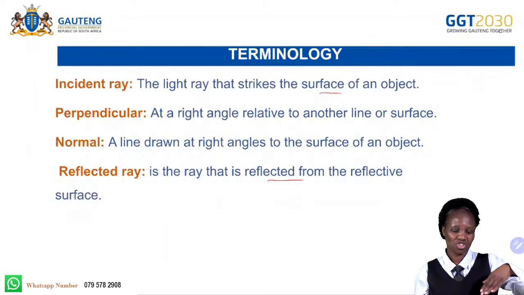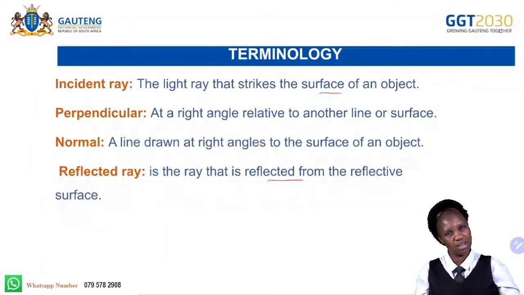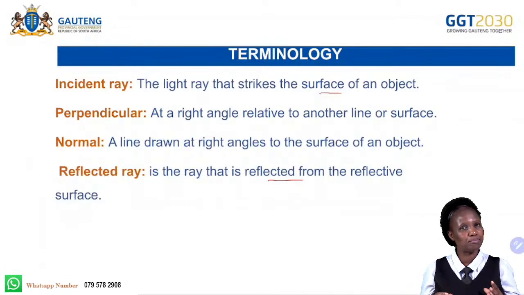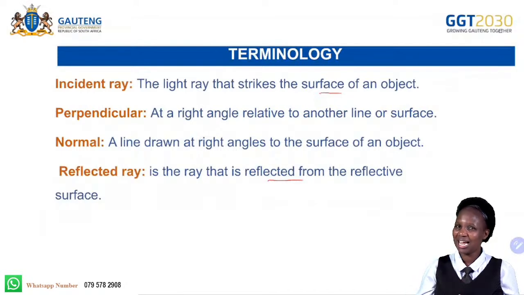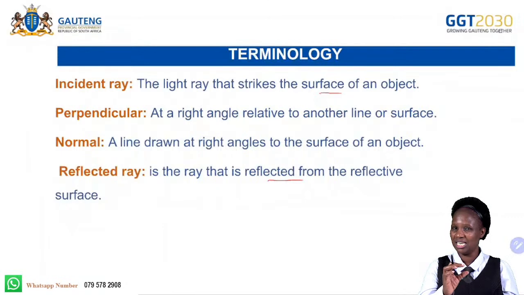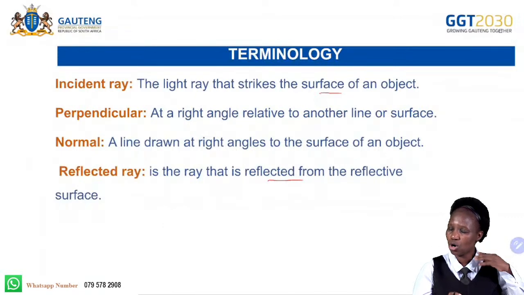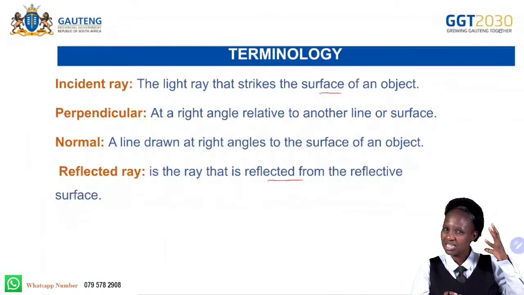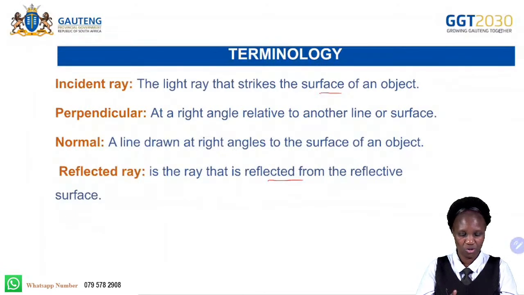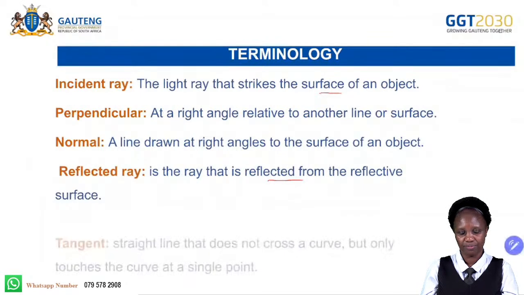If white light strikes a green leaf, what's going to happen? All the other colors of the visible spectrum are going to be absorbed by the green leaf. But the green light is going to be reflected to our eyes. Then we'll see it as color green because the mind will have interpreted it as green. Are we together? Good. Let's move on.